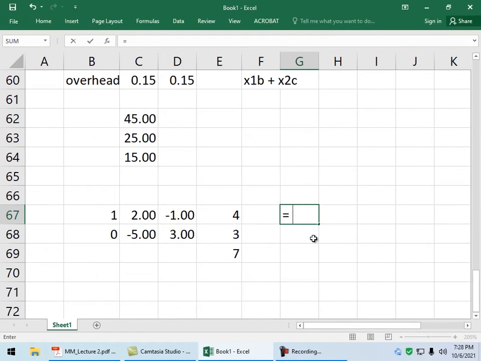So how will we write this? We take the first entry x1 and multiply it by the first column.